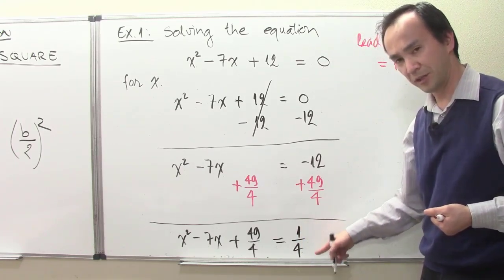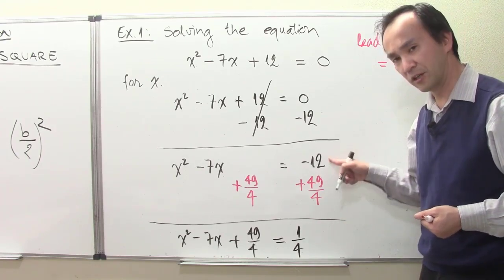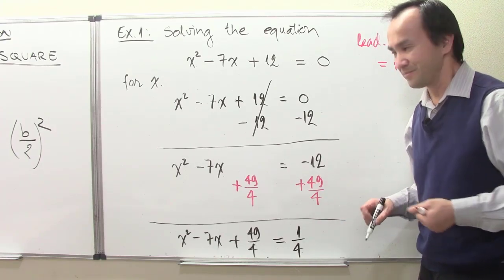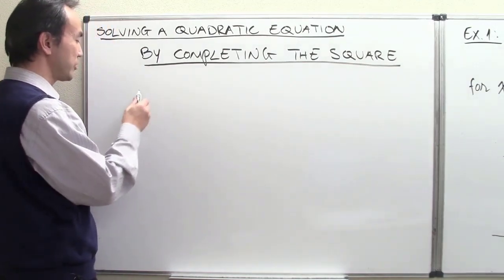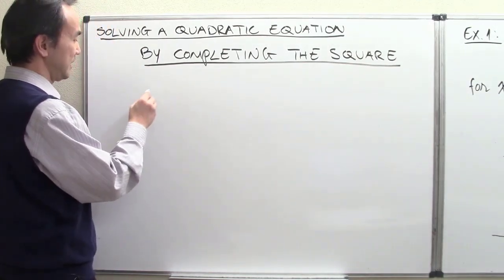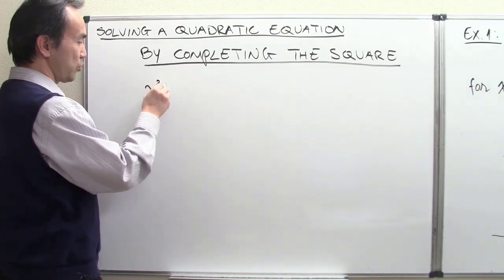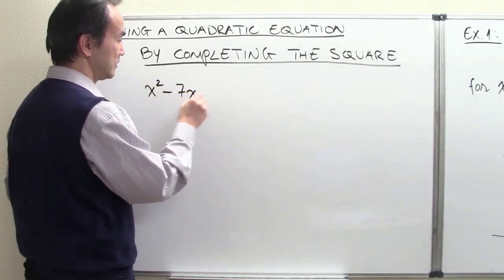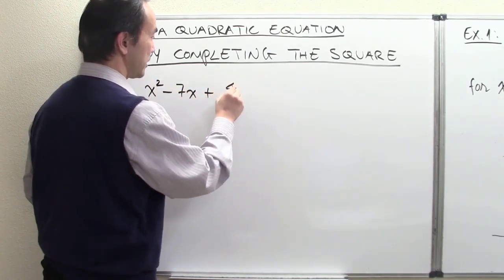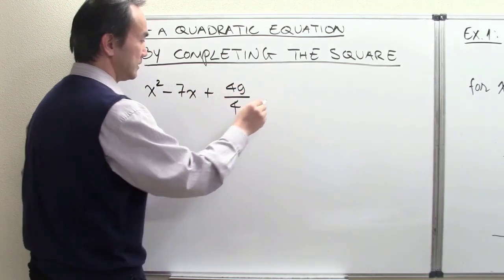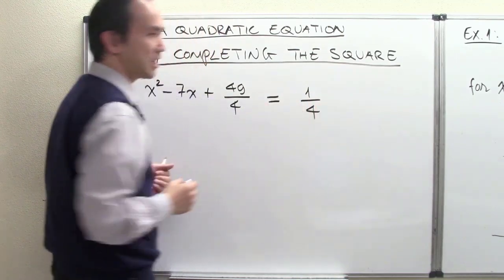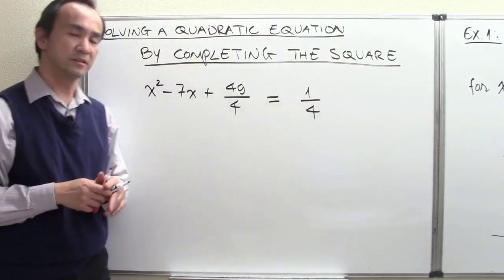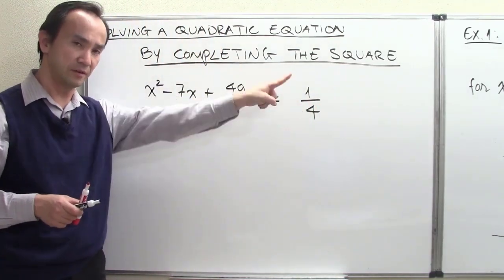So at this step, our equation has become x squared minus 7x plus 49 over 4 equals a constant value of 1/4 on the right-hand side. That's what we have produced at the most recent step from the other board.